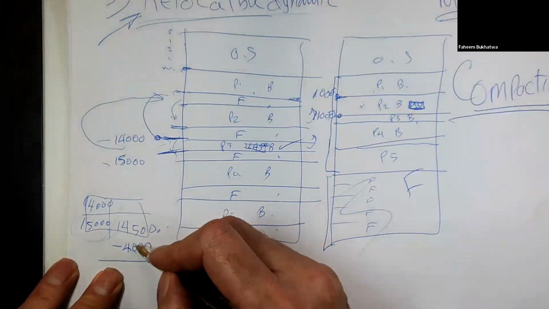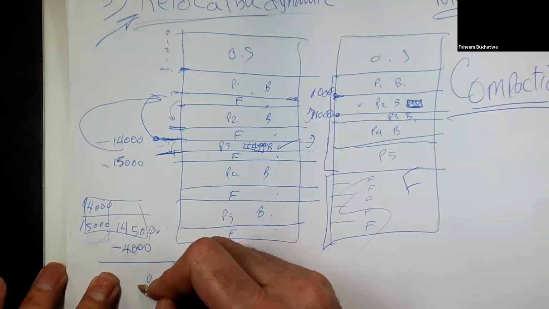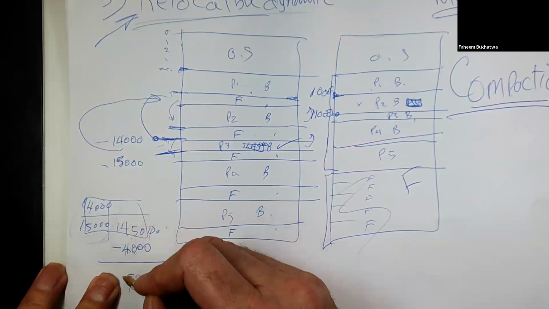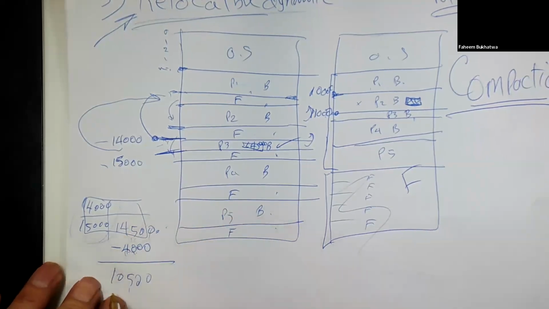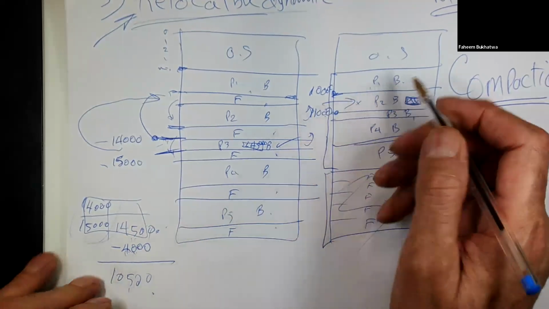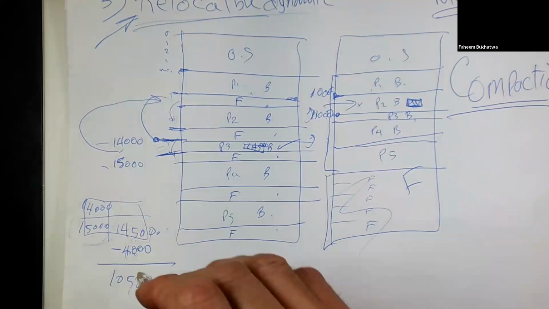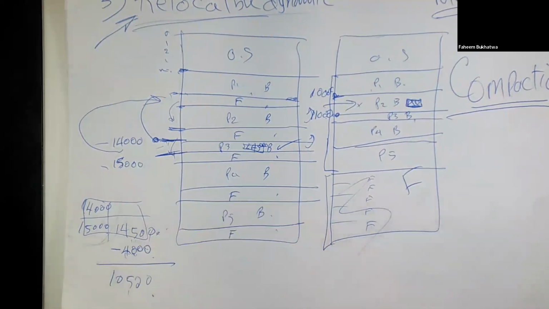So 14,500 minus 4,000 is 10,500, and that's exactly now it's okay. You see, this is the new address that will be allowed for this program to operate in.